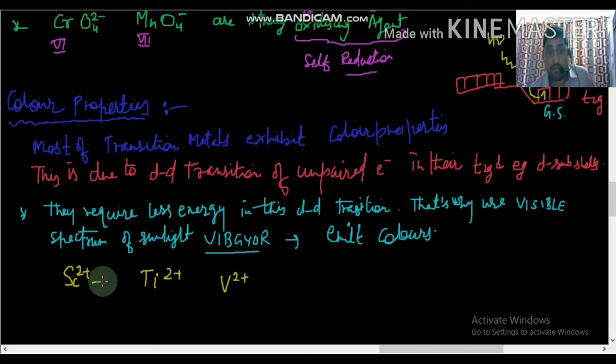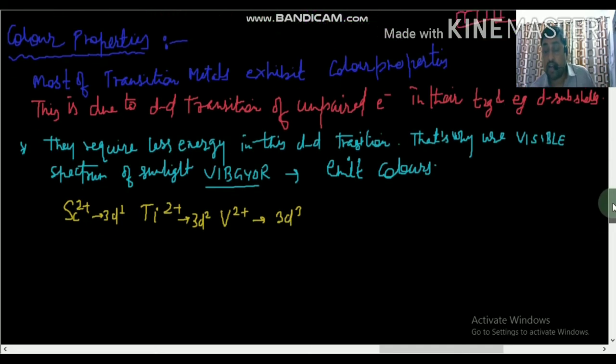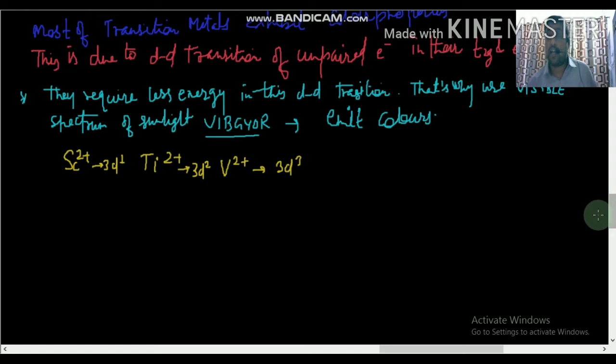Because scandium 2 plus contains a 3d1 electron, titanium 2 plus contains 3d2 electrons, and vanadium 2 plus contains 3d3 valence electrons. Now these electrons jump from lower to higher energy levels, and in this process they first absorb, then emit light, and this is the reason for their color.